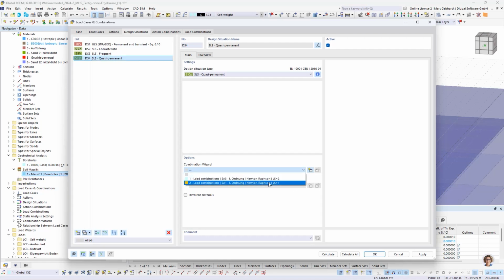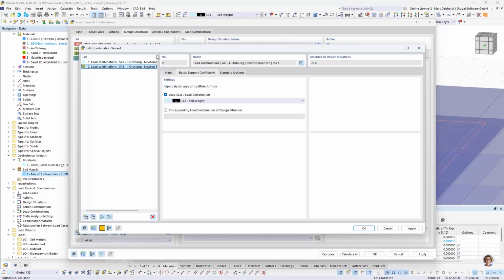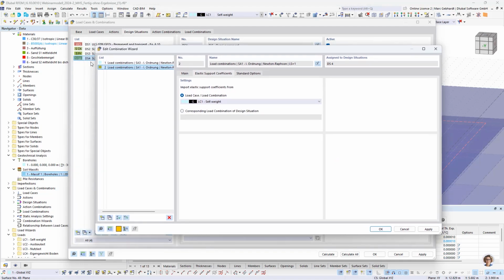So we use the second load combination with one load step, and also want to import the elastic support coefficients, a great feature to speed up calculation time, and as well get other support coefficients from a load case, maybe SLS load combination to ULS.